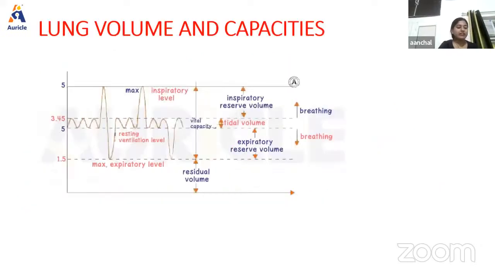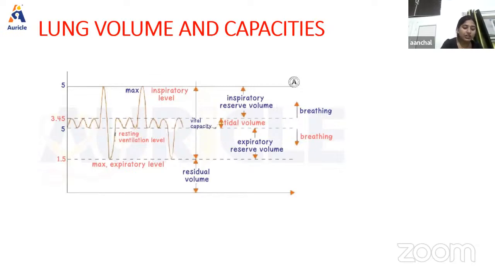Okay, now next we have another important topic of the respiratory system, that is lung volume and capacity. So what is lung volume and capacity? As we know, pulmonary function tests or lung function tests are very useful in assessing the functional status of the respiratory system, right? In both physiological and pathological conditions.